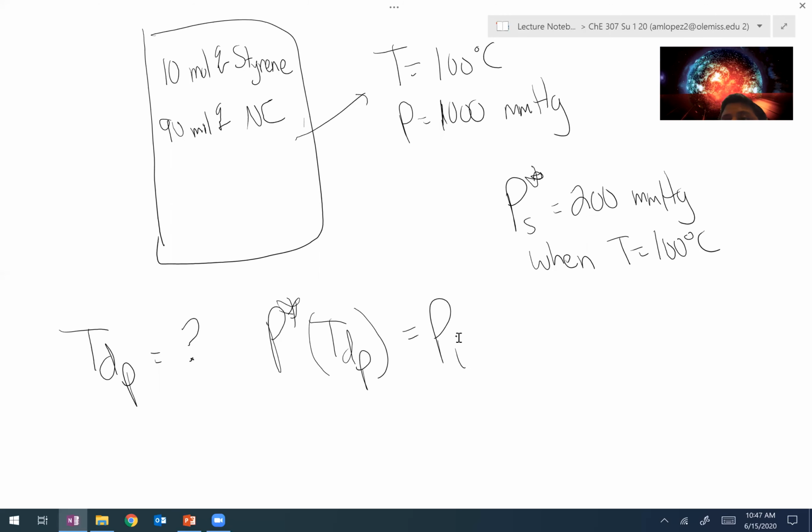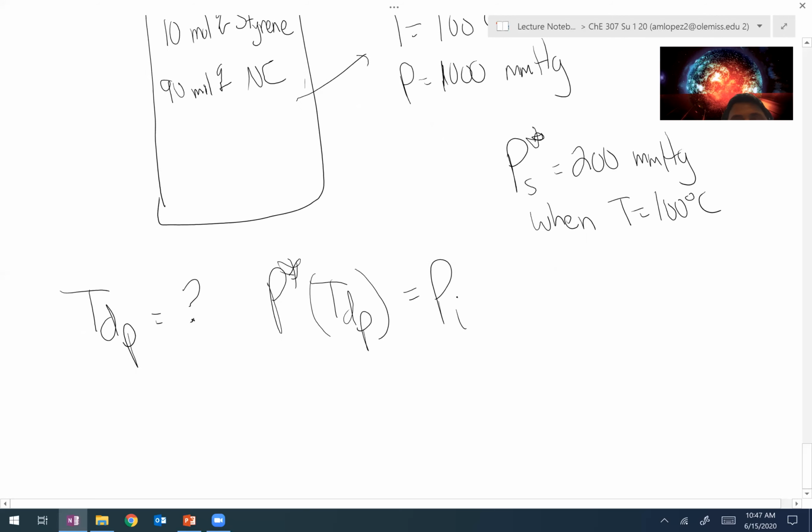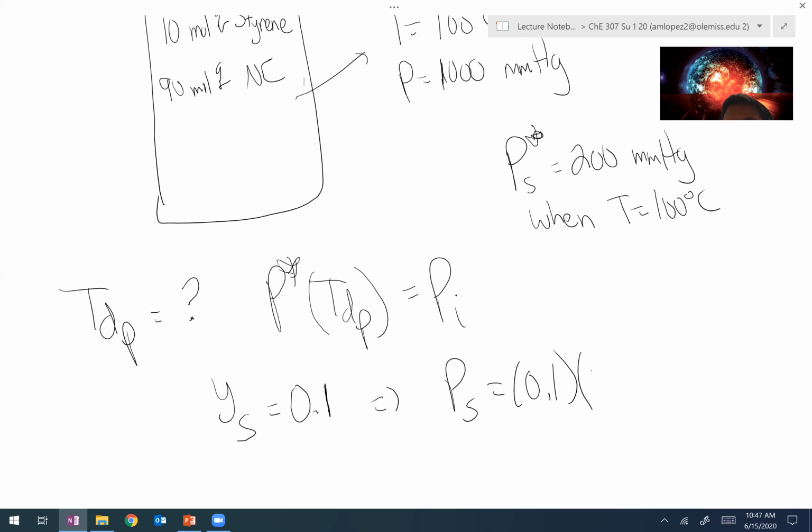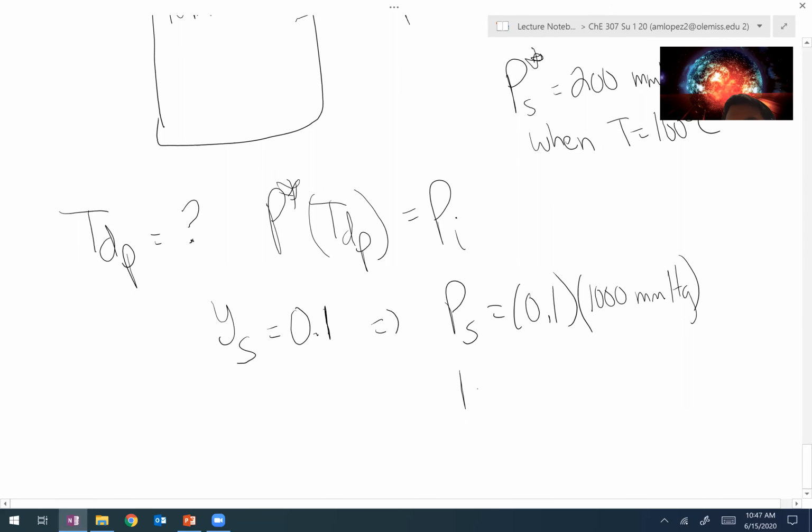Right? We can look at the system now and say, well, we've got 10 mole percent of styrene, or y sub S is 0.1. That indicates the partial pressure of styrene right now is 0.1 times 1,000 millimeters of mercury, or the partial pressure of styrene is just 100 millimeters of mercury.